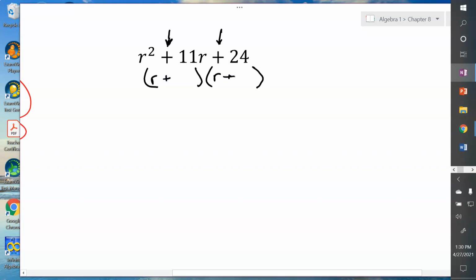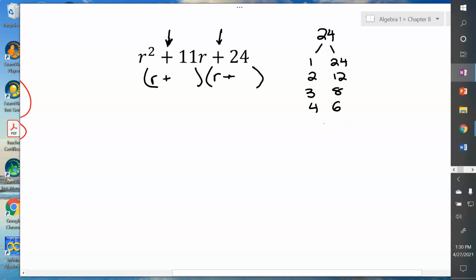Now I'm looking for factors of 24. They're going to add and make a positive 11. So just do my factor tree. 1 and 24, 2 and 12, 3 and 8, 4 and 6, 6 and 4. Okay, I'm duplicating, so I'm going to stop here.